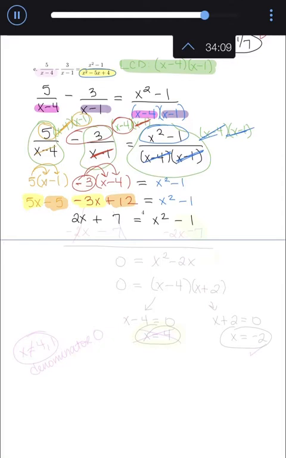So I'm going to move the 2x by subtracting 2x from both sides. I'm also going to move the 7 by subtracting 7 on both sides.